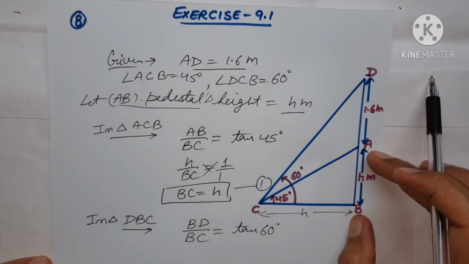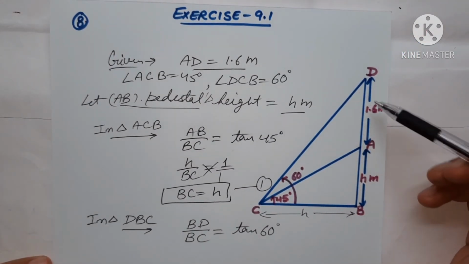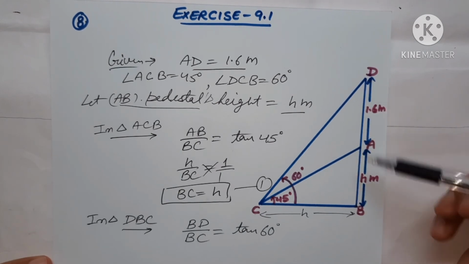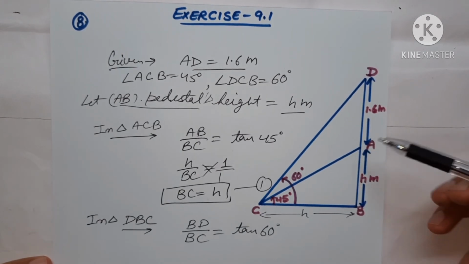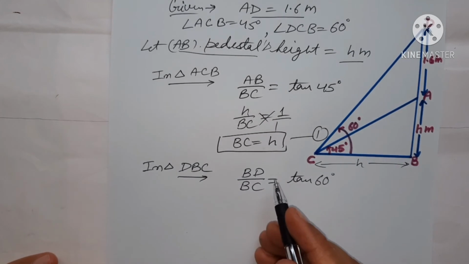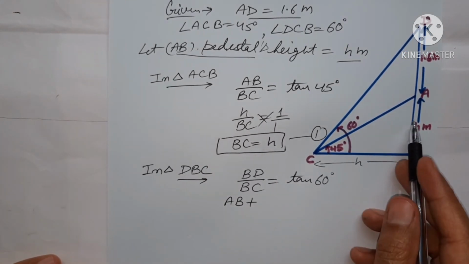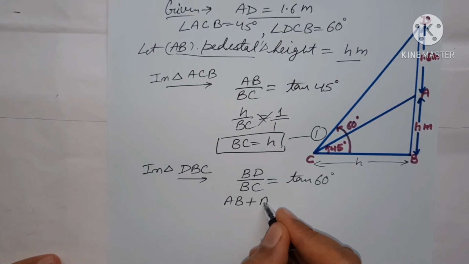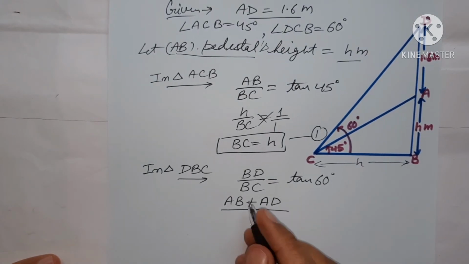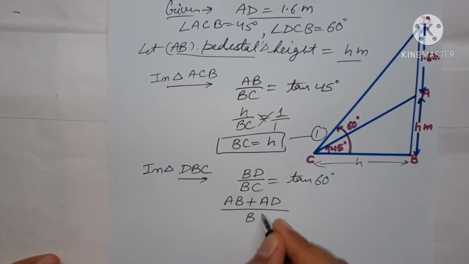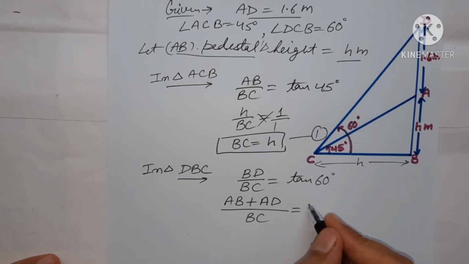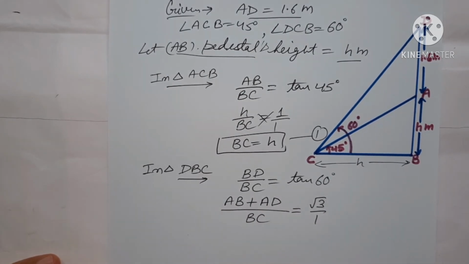Because this is the height of this pedestal and this is the height of the statue, total height is the combination of both these heights. So we will write BD is equal to AB plus AD upon BC, and tan 60 degree is root 3, or root 3 upon 1 you can write.